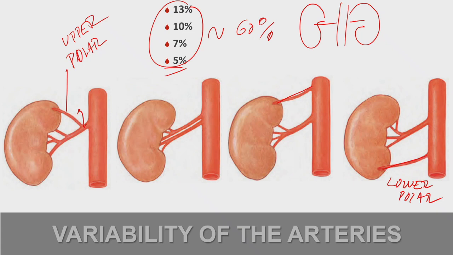Again here, the development of a kidney from several segments could cause this strange architecture. Then we have multiple arteries. Multiple arteries could be 2, 3, 4, 5 for one kidney. So up to 5 per kidney.